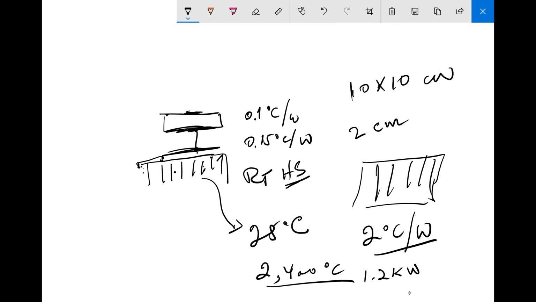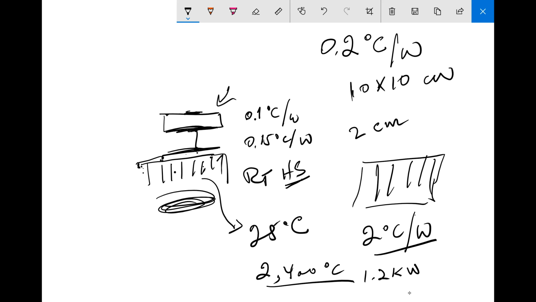Now, the best you can do with a heatsink for such a transistor today, using a fan here and a very large heatsink, maybe you can get by with 0.2 degree per watt.